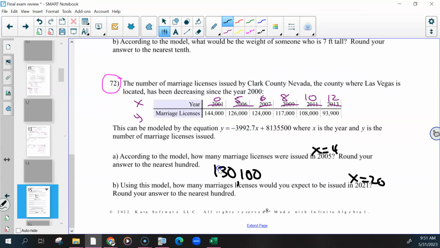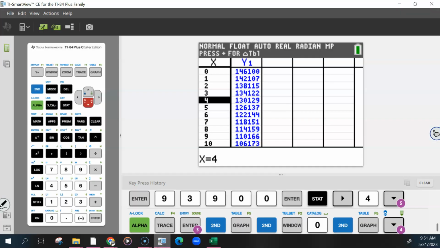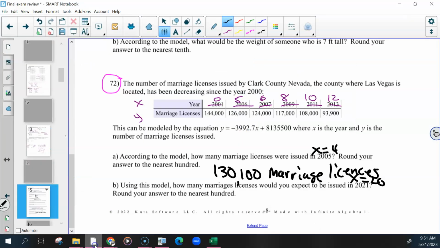Since it says to the nearest 100, 130,100 marriage licenses. And at 20, if I scroll down, 66,246 or 66,200.